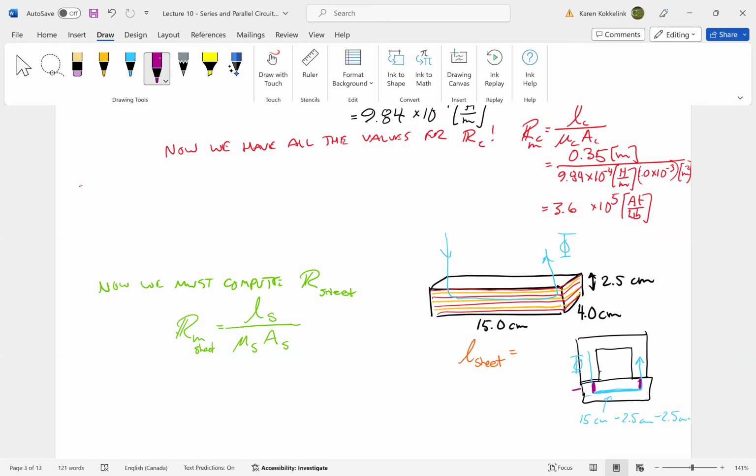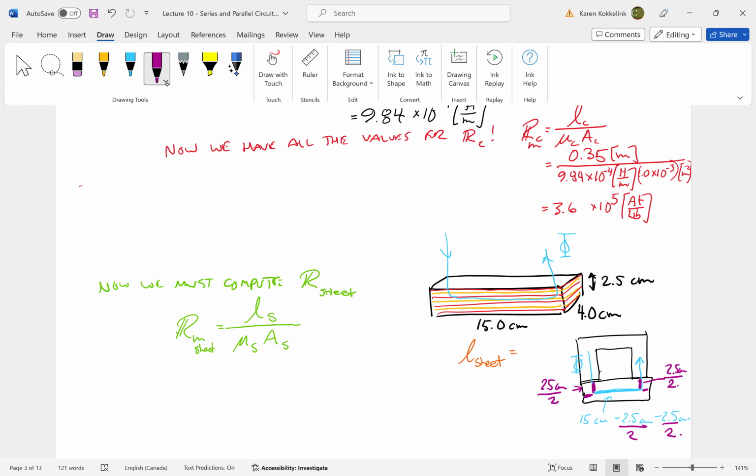Now, this section at the side here is going to be 2.5 centimeters over 2. Oh, and this one is actually over 2, and this is over 2, because this little area is 2.5 over 2, and this little area is 2.5 over 2.